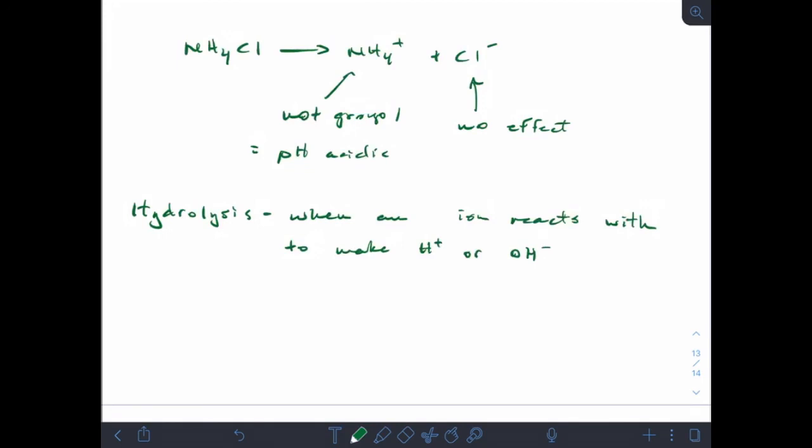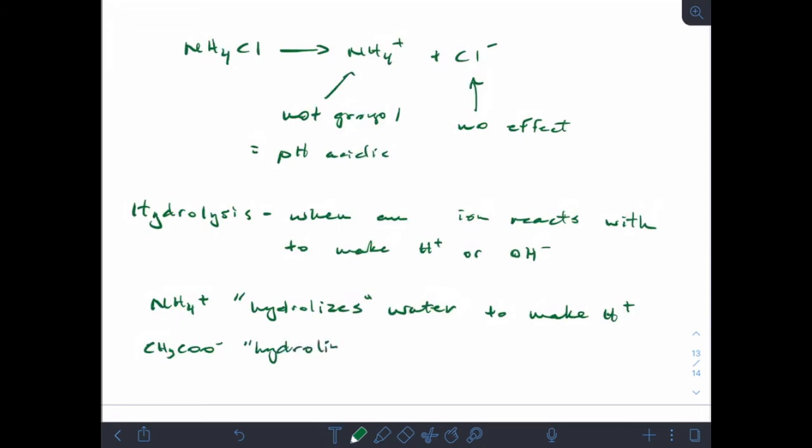So in our previous examples, we would say that NH4 plus hydrolyzes water to make H plus, and acetate ion hydrolyzes water to make OH minus.